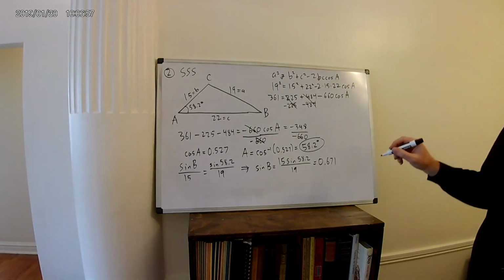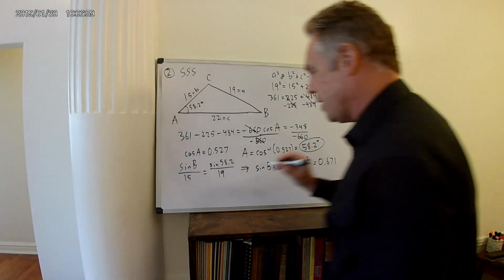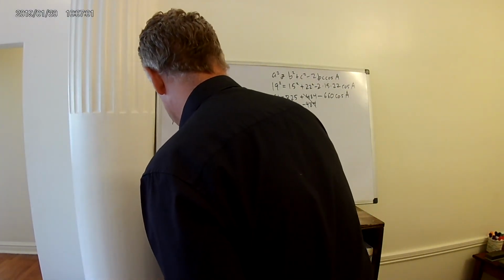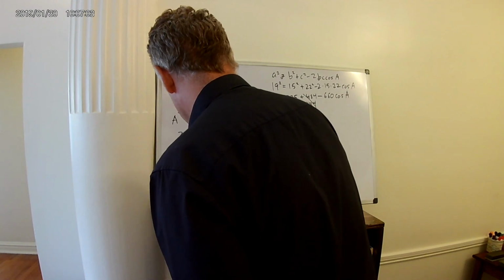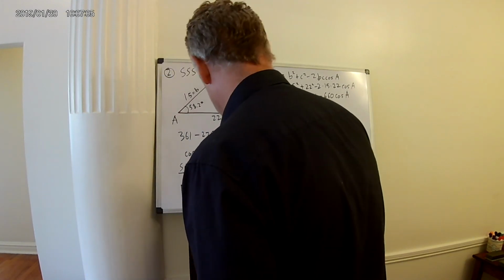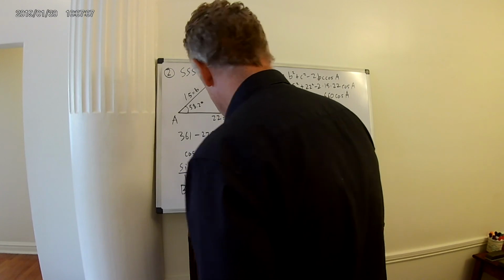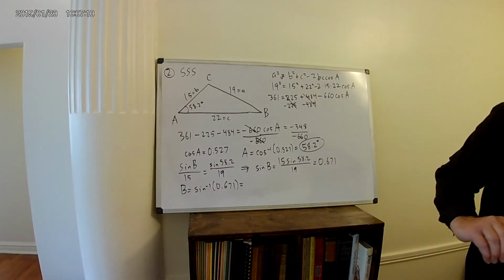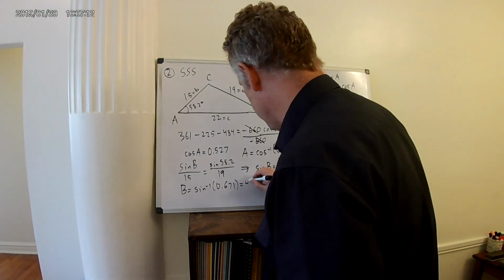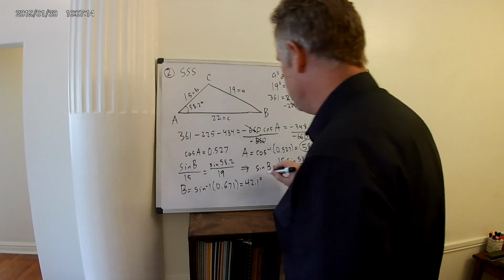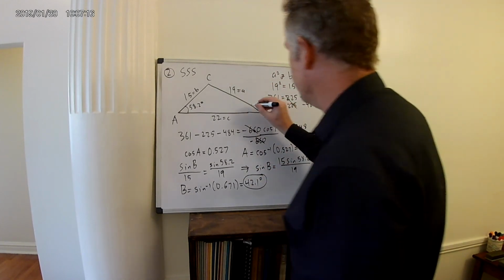Okay, but I don't want the sine of B, I want angle B. So then I take the inverse sine of this, just like we always do. Take the inverse sine of this number. Okay, and if you do that, you get 42.1 degrees. That is angle B, okay?